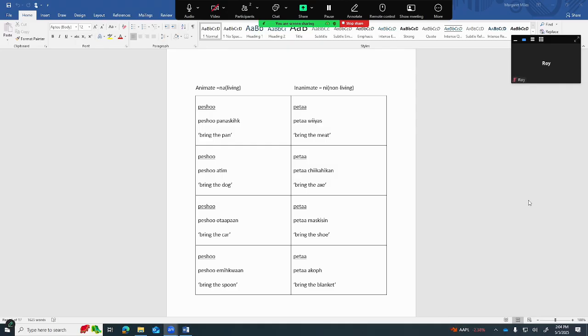So the example chart, animate and inanimate. We will start with the animate for bring it. Peso panaskich. Bring the pan. Peso atim.